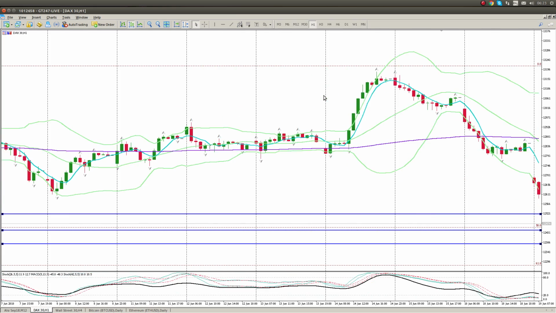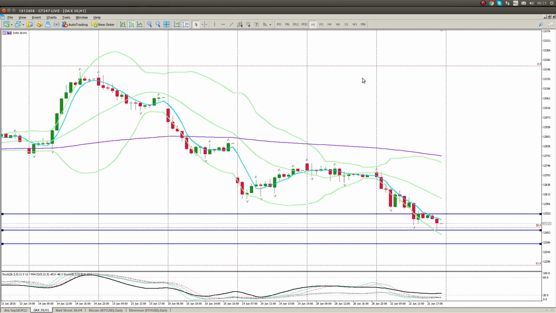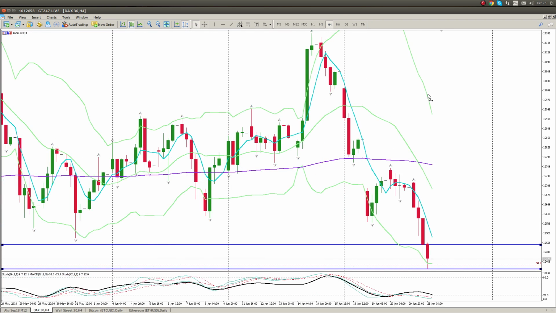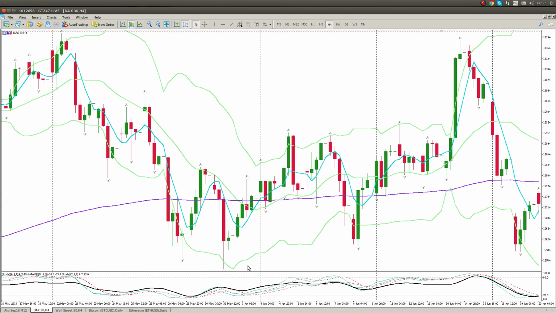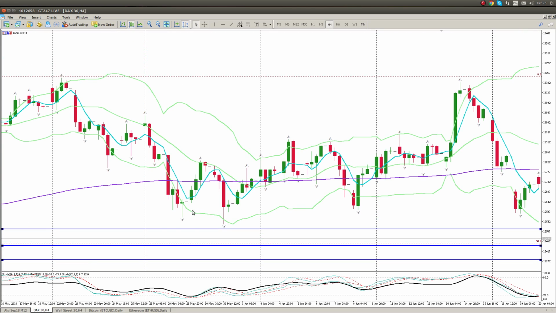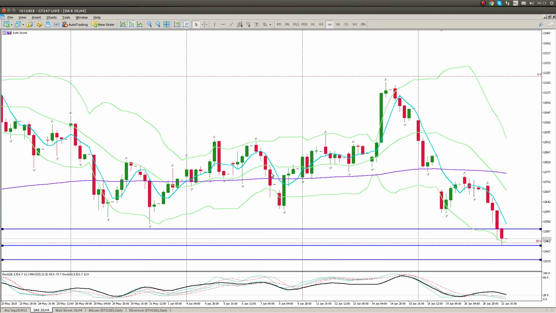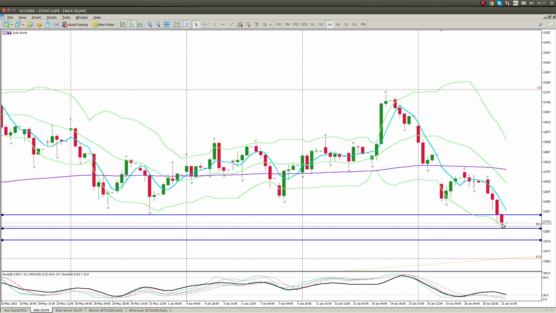Okay, so I'm kind of skeptical of going short here. I really want to see a retest. So if we just come back to the 4 hour, we've broken through this level, not dramatically, but we have broken through it. So I'd like to see us possibly even keep moving, then come back and test, and at that point my short bias would come into play.